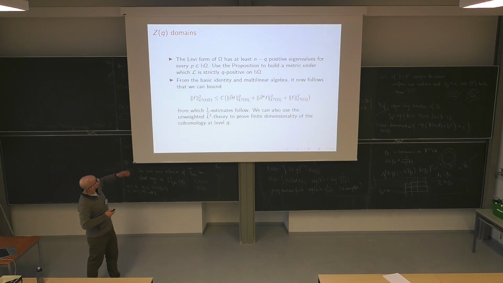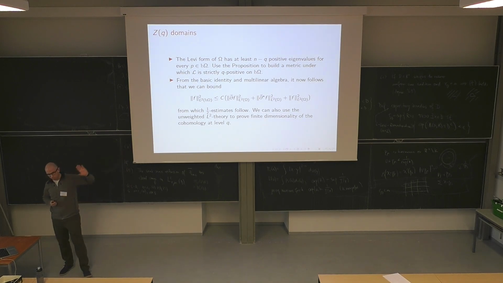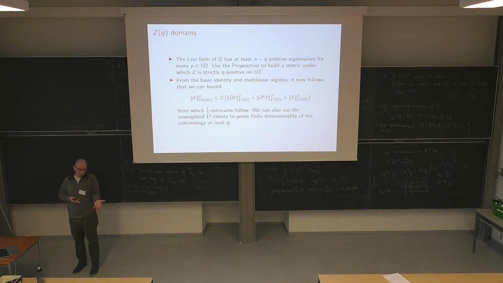Okay, so once we have strict Q positivity, then you can use the basic identity in multilinear algebra and get this. So earlier when I said Hormander proved everything you need to prove 1/2 estimates, in Hormander's paper, he has that the L2 norm of F on the boundary is controlled by D bar star F. And of course, Hormander didn't write that the L2 norm of the boundary is equivalent to 1/2 estimates.